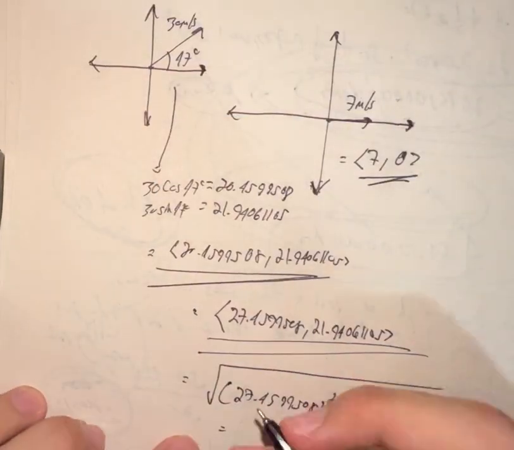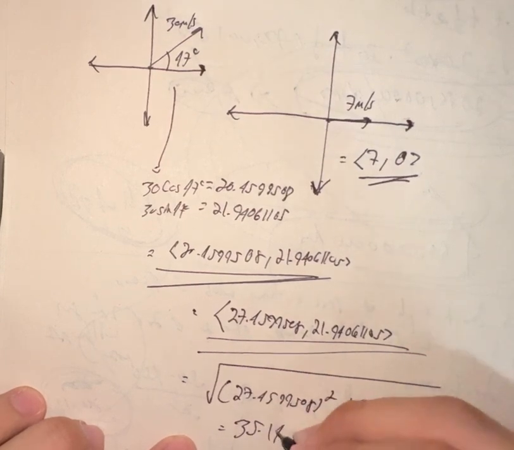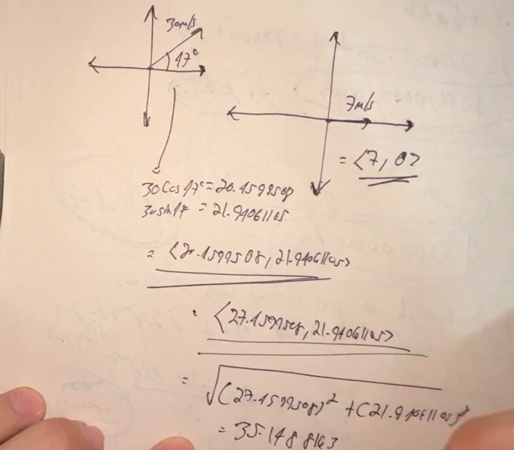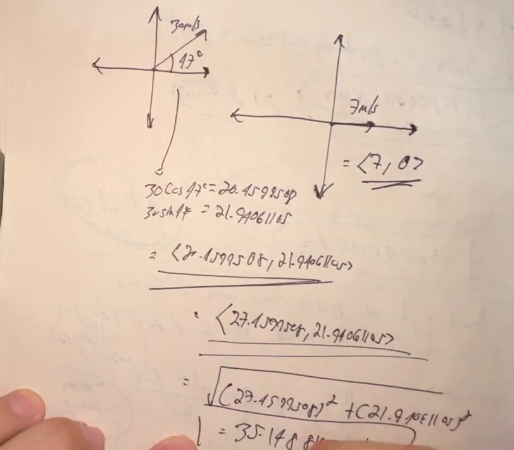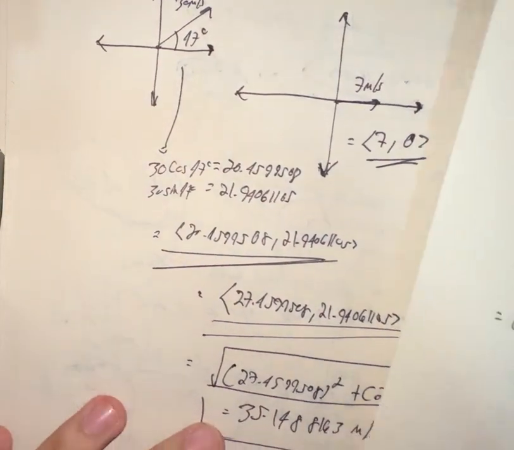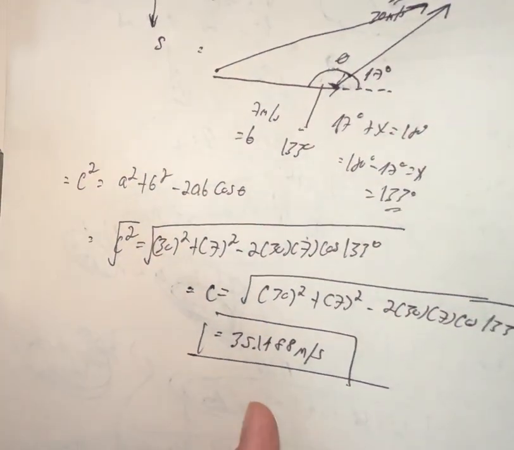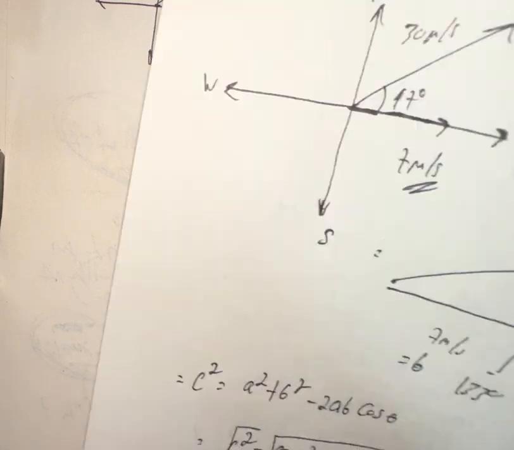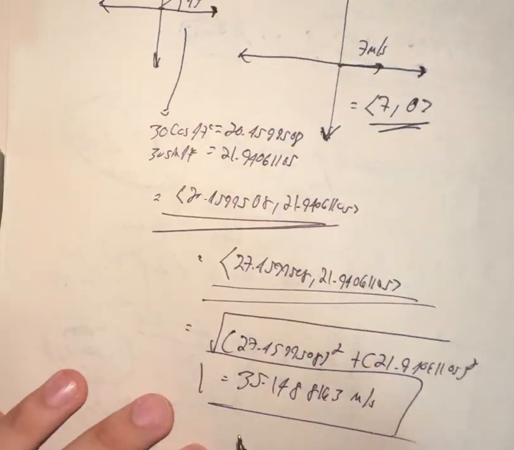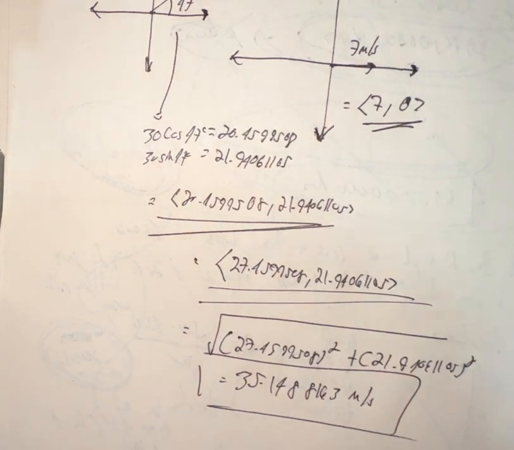And yeah, it's correct. It worked. Wow, gumana siya. Sorry for speaking in another language, but it's the same answer: 35.1488 meters per second with the law of cosines, and with the traditional analytical method, 35.1488. It's the same answer, but the law of cosines is a shorter method.